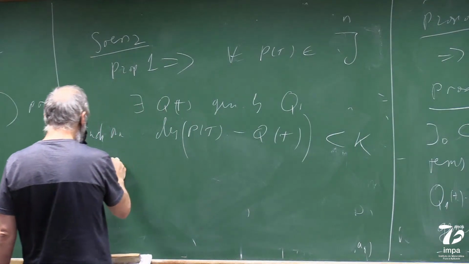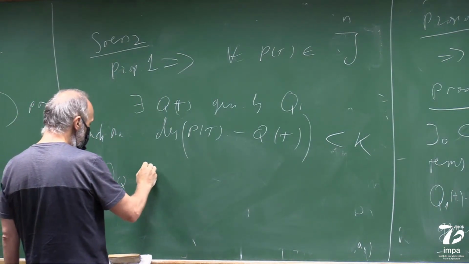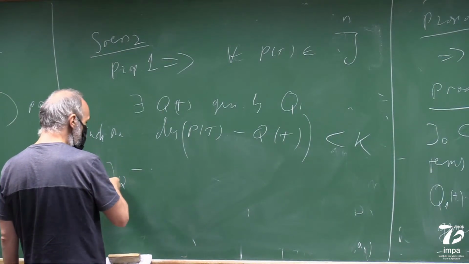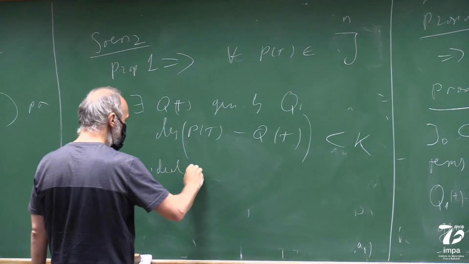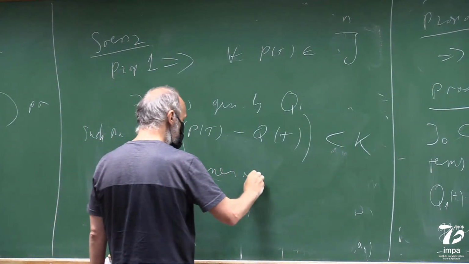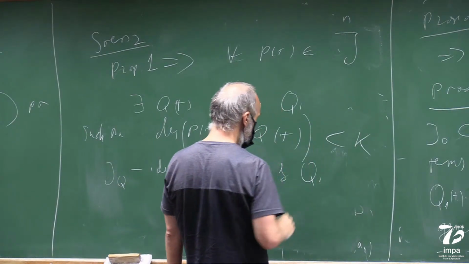Let's denote by I_Q the ideal generated by the Q_i.